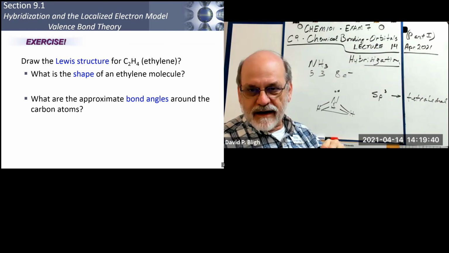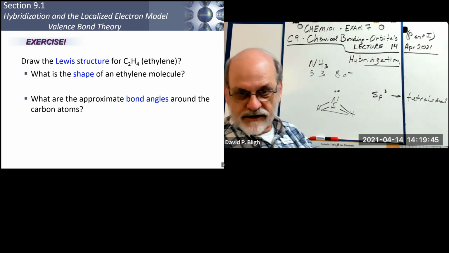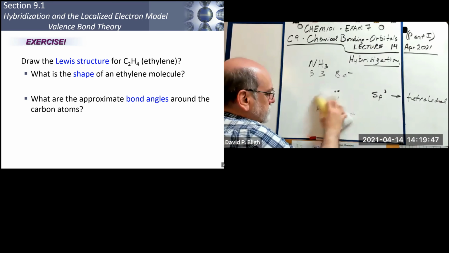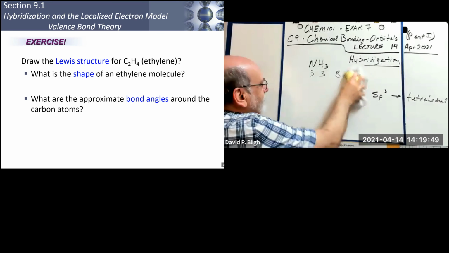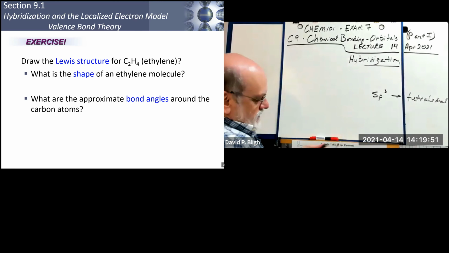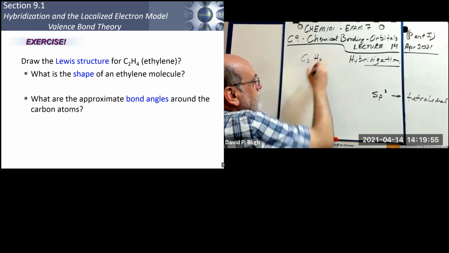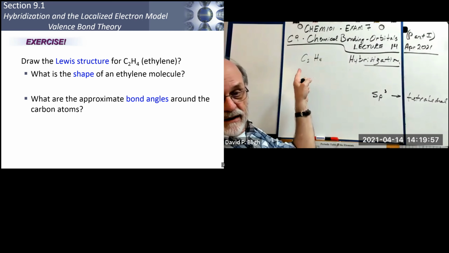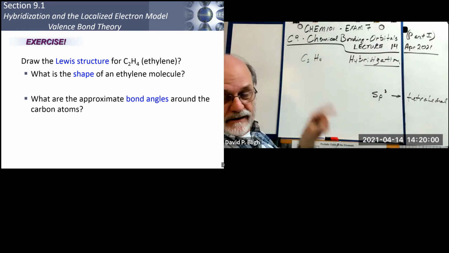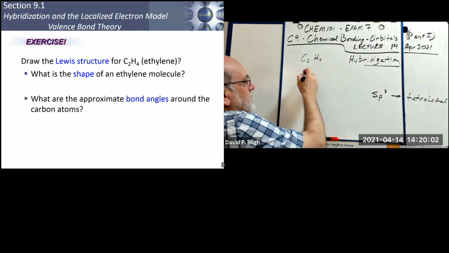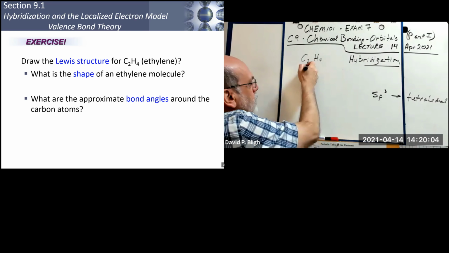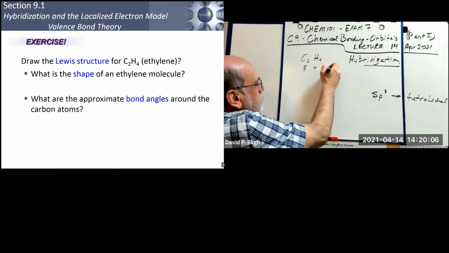How about ethylene? What's the shape of an ethylene molecule? C2H4. So we know this exists. That's a real compound, so we've got to explain it. All right, so we've got 2 times 4 is 8 plus 4 is 12 electrons.